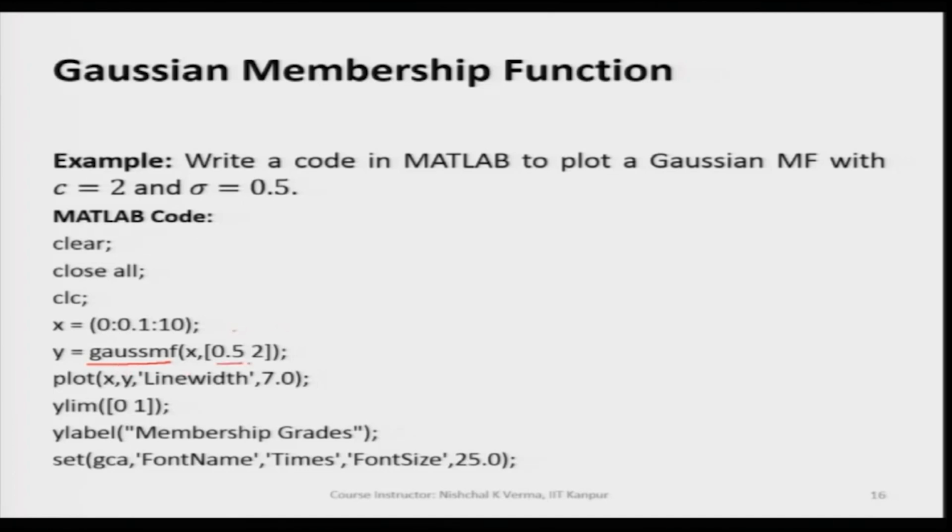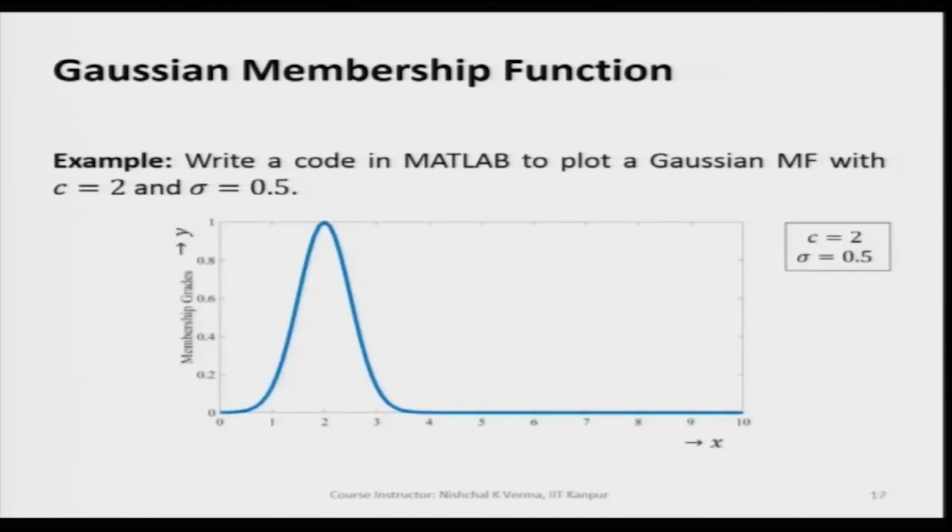Here this is sigma, and this value is the mean or the center. If we substitute these values in the syntax of the Gauss MF MATLAB function, we see this plot generated.